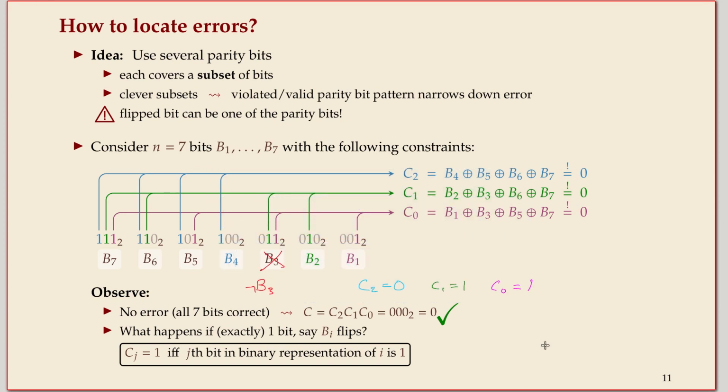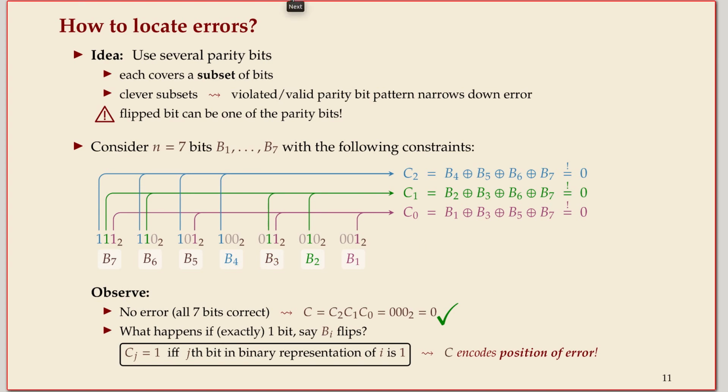If you look at what happens, just by how these checking bits are defined, it's obvious that if I flip bit bi, then a checking bit turns 1 if at that position in the binary representation of i we have a 1. So 3 is 0, 1, 1 in binary. So we will have C0 and C1 flip, which is exactly what happens.